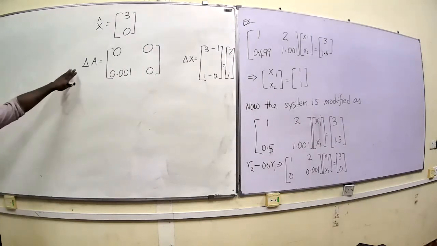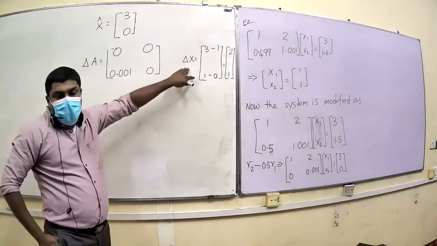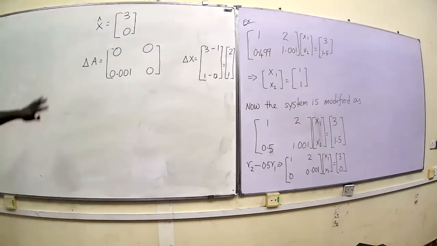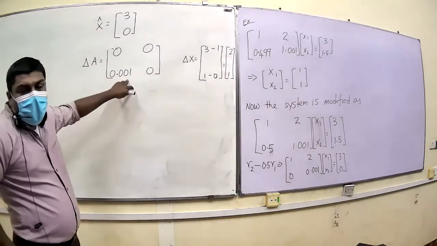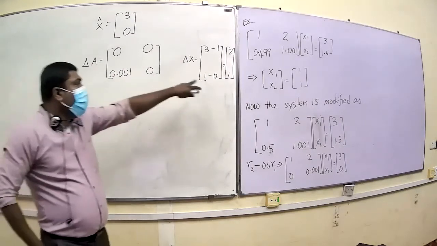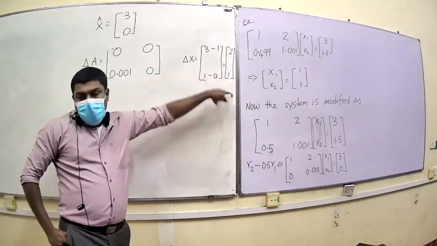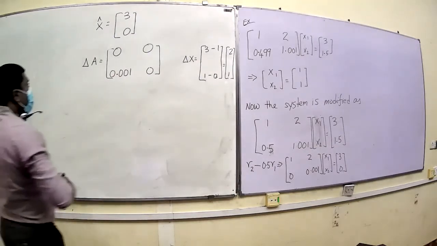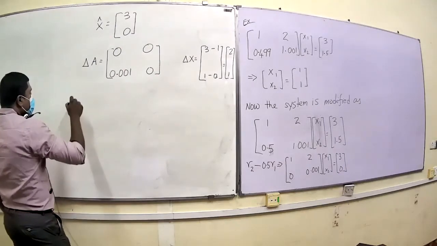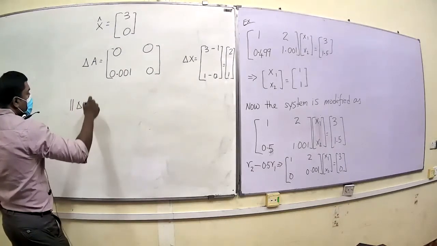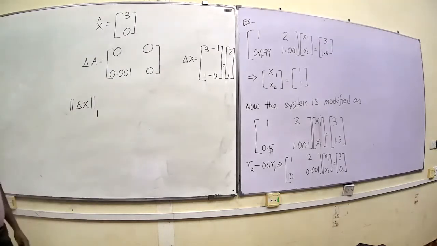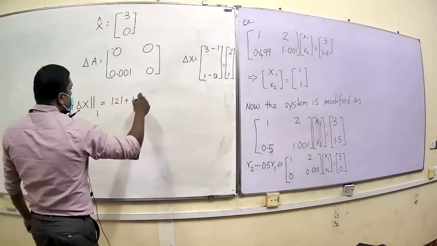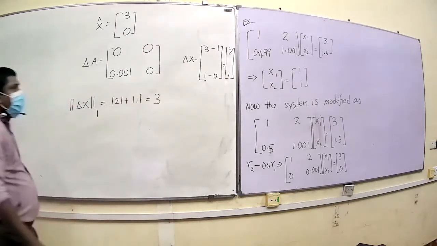Okay, so now you know the error in the input and this is the error in the output, right? So now we can see that for a very small error in the input you have a big error in the output. You can justify it with the norm. So we will take the column sum norm or whatever. So we will take the norm. I'll take the norm of delta x: absolute value of 2 plus absolute value of 1 is 3.